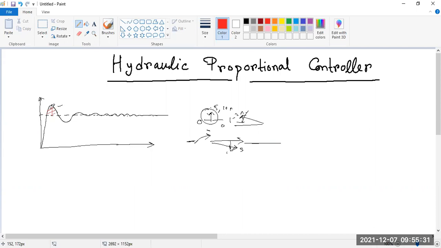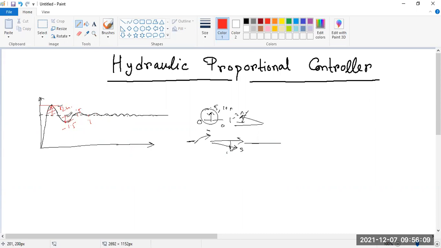Say if there is an upper limit, say this is 2 units, then it will gradually close, then it will come to minus 1.5, then 0.5. After that it will get 0.1, gradually decreasing. So here some proportionality action is working. That's why this type of controller is called a proportional controller.